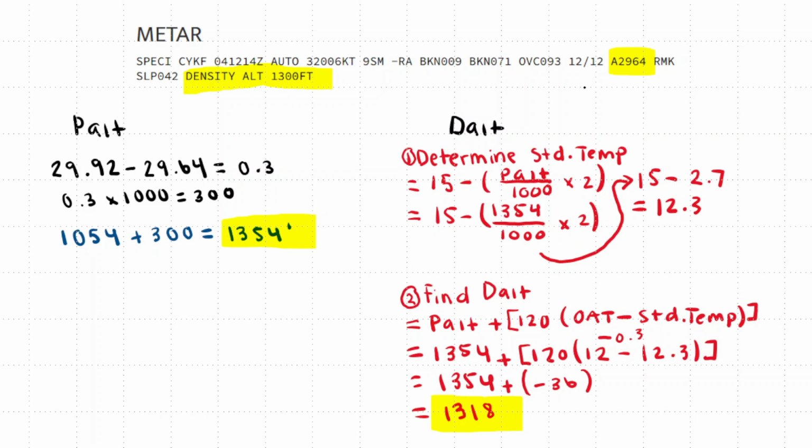So that means the air is colder than it usually is. And what did we talk about before? We learned that the higher the temperature, the lower the density of the air, but we're dealing with a different situation this time. So the air is colder, right? That means that the air temperature is lower. That means that our molecules or particles are more tightly packed together. So our air is going to be more dense. And then because of that, our density altitude is going to be lower. It feels like we're taking off from a lower altitude. This is good. This is what we want because it's helping our aircraft performance.